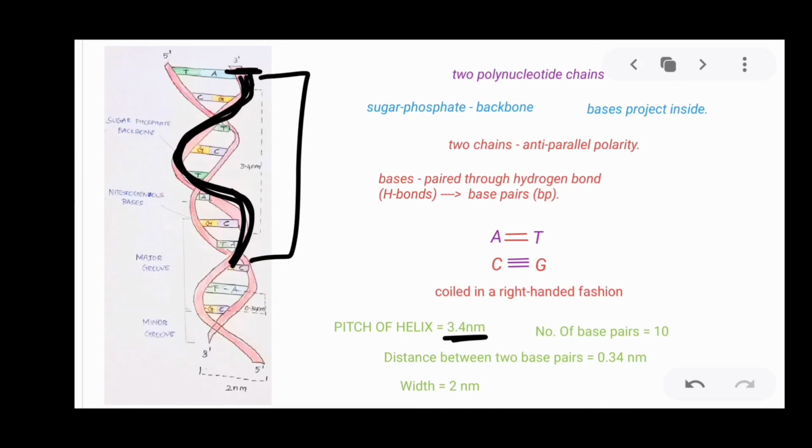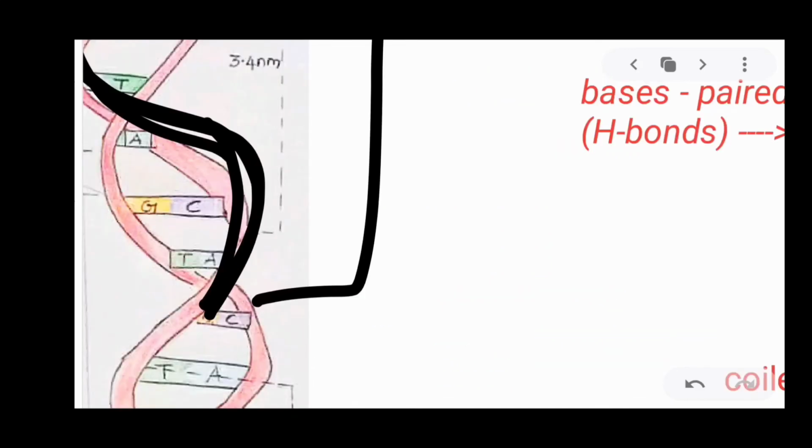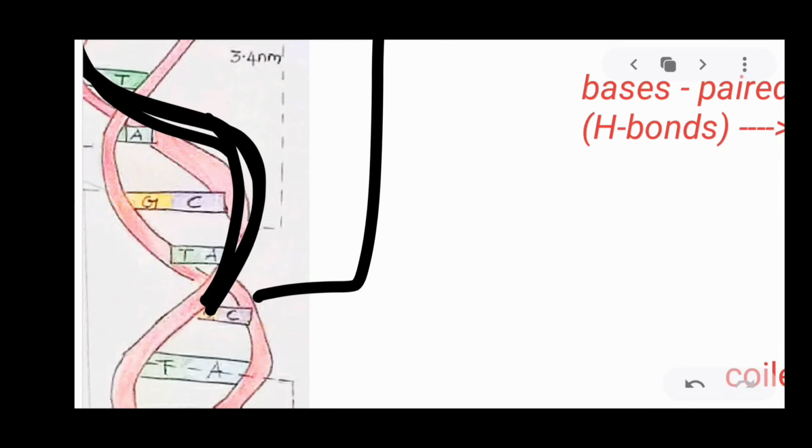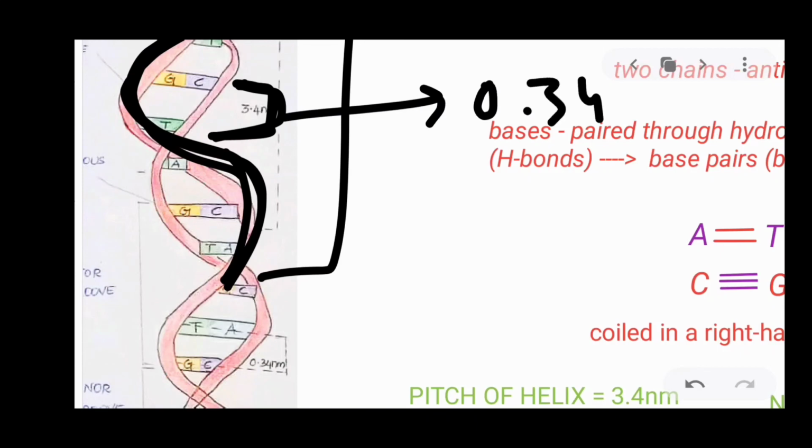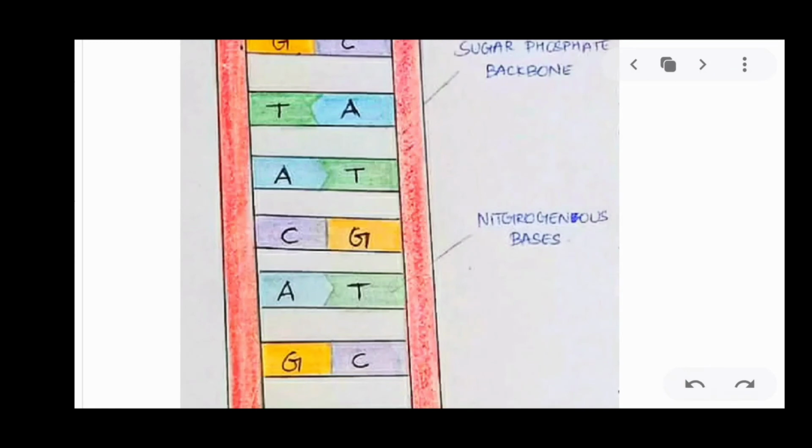If you calculate, each pitch of the helix has 10 base pairs. The distance between two base pairs is 0.34 nanometers. Like if we zoom in, we can see that this base pair and this base pair have a distance of 0.34 nanometers.